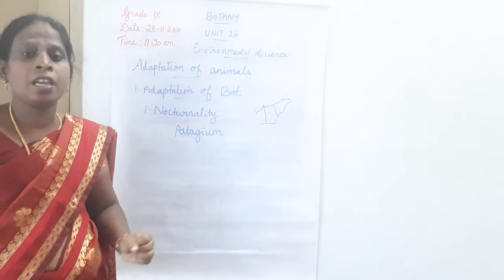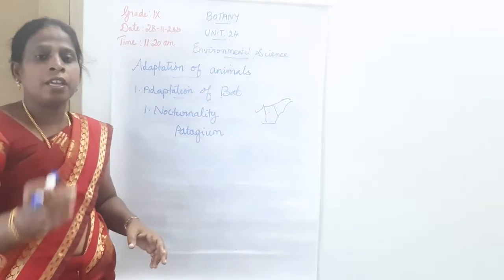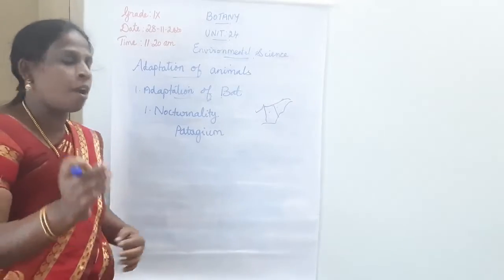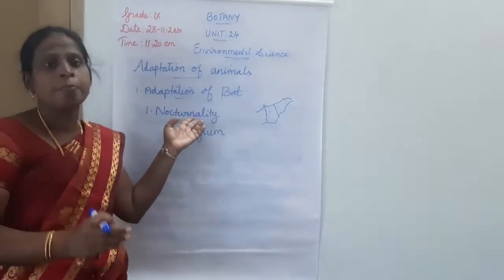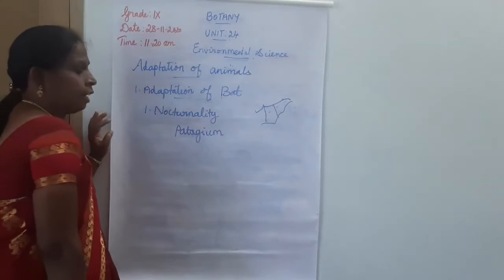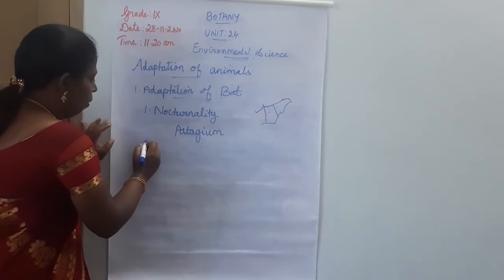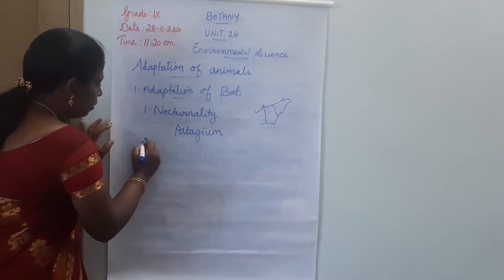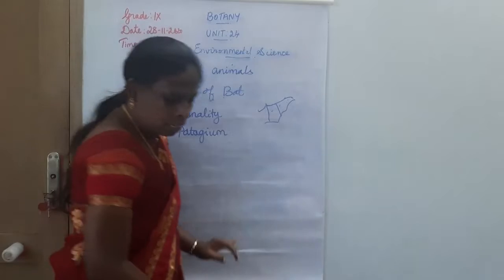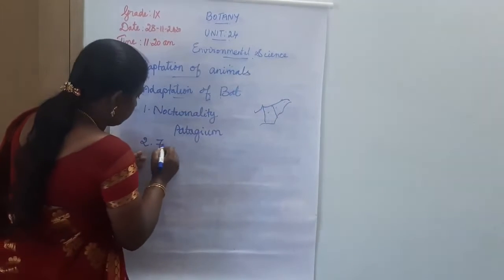They absorb a lot of heat during daytime, and this leads to dehydration. To avoid this, they are active in the night. So that is called nocturnality. The next one is flight adaptation.